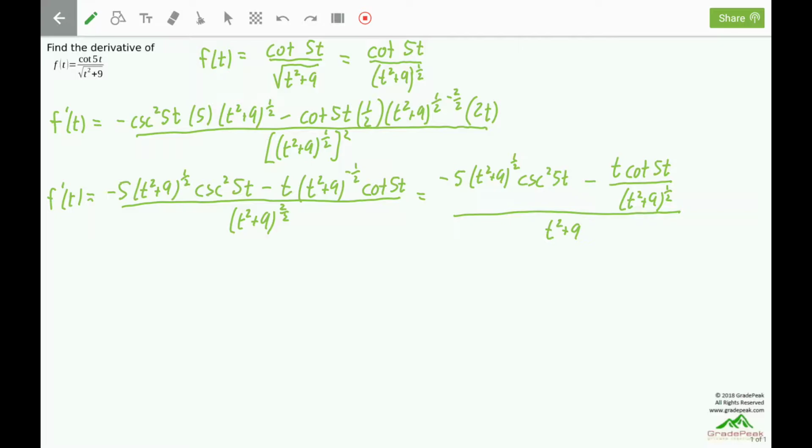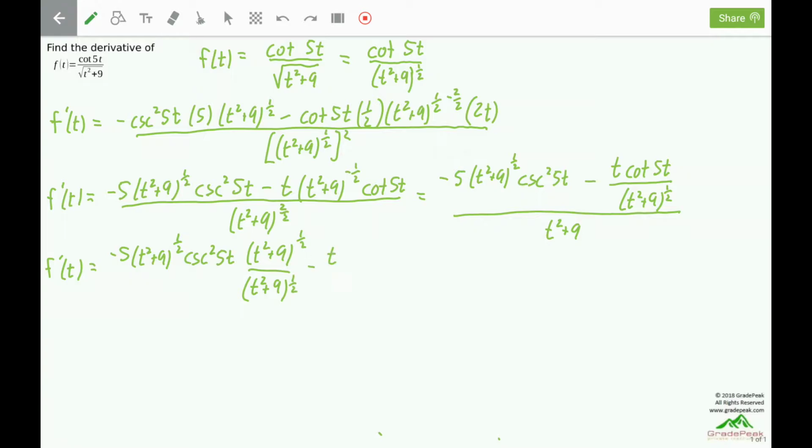Our next step, we need to combine these numerator terms together, this and this. Well, we need a common denominator in order to do that. So f prime of t will now equal to, I have a negative 5, I have a t squared plus 9 to the 1/2, I have a cosecant squared of 5t, and I'm going to multiply this by what will be the common denominator, t squared plus 9 to the 1/2 over itself, to produce the common denominator.